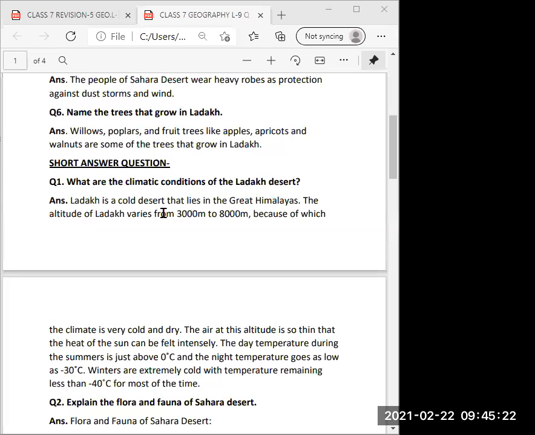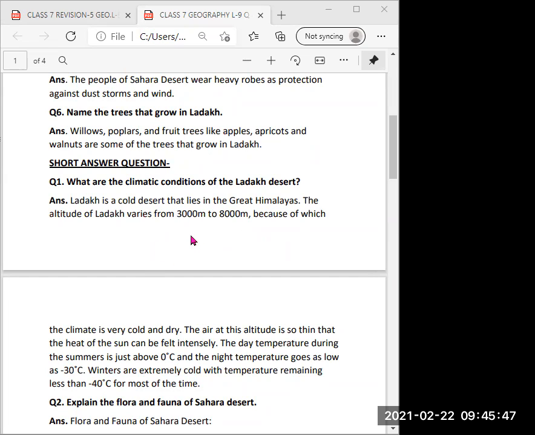So you will write down: Ladakh is a cold desert which lies in the Great Himalayas, and the altitude of Ladakh varies from 3,000 meters to 8,000 meters. Altitude means ऊंचाई, height.